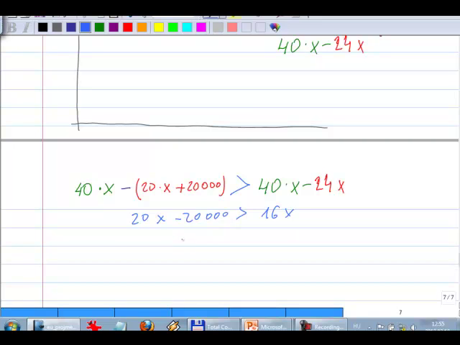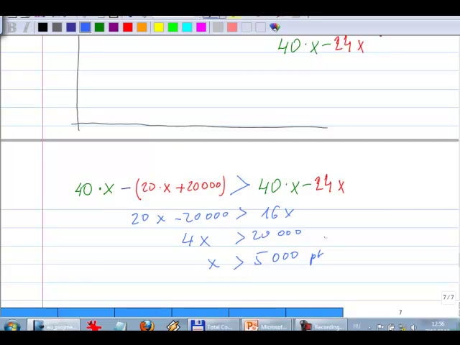And then 4x greater than 20,000, x greater than 5,000 units or pieces.